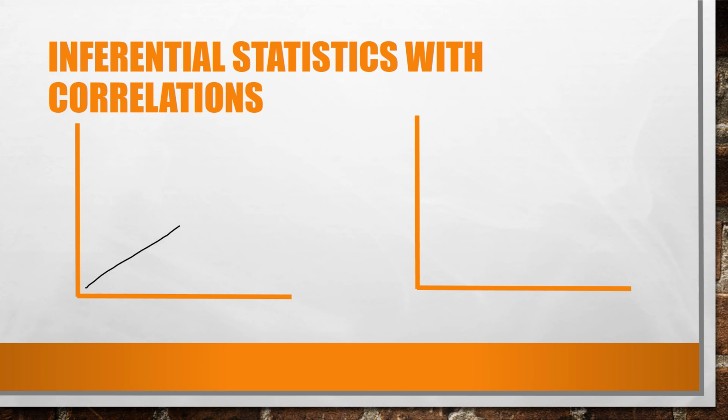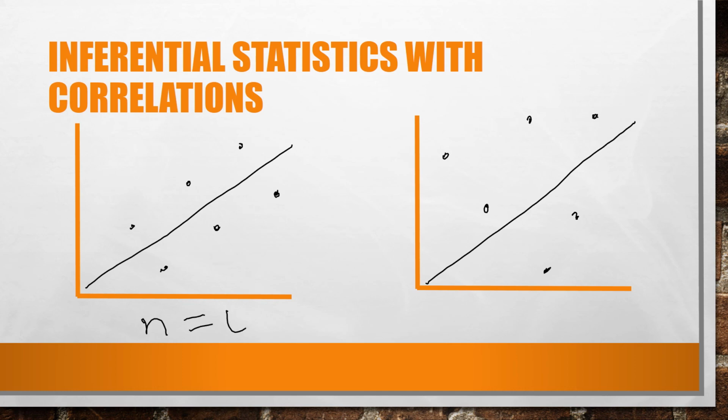So we can have 2 things with the same sample size. Both of these have n equals 6, but this one's stronger.